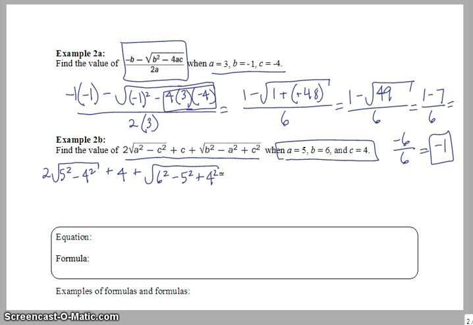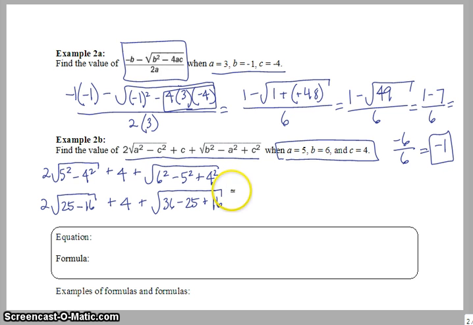We'll move from left to right. But we have to handle inside the square roots first. So 2 times the square root of, we know 5 squared is 25, minus 4 squared is 16, plus we still have the 4, plus 6 squared is 36, minus 5 squared is 25, plus 4 squared is 16.